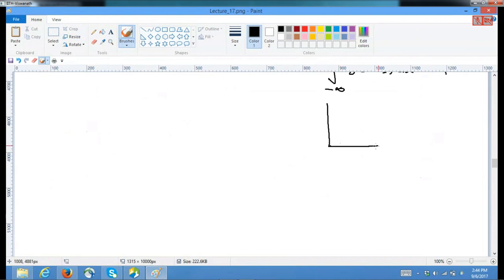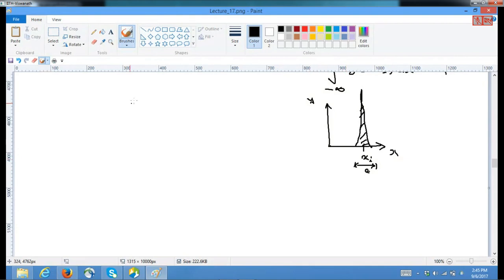If I plot my Dirac delta function, it peaks at xi, where the height is infinity and the width is a very small epsilon. However small it is, as epsilon tends to 0, the area under this curve is equal to 1. So that is your Dirac delta function.